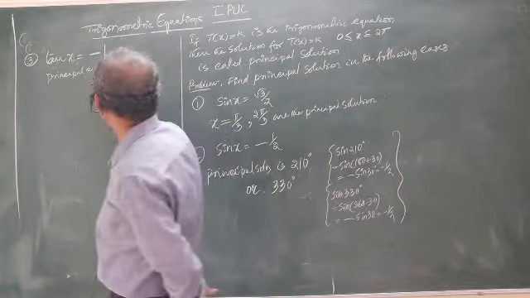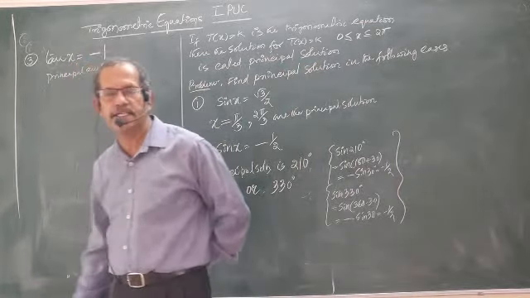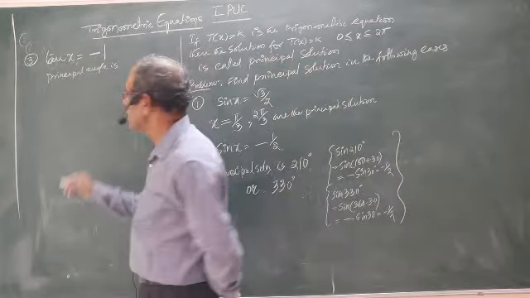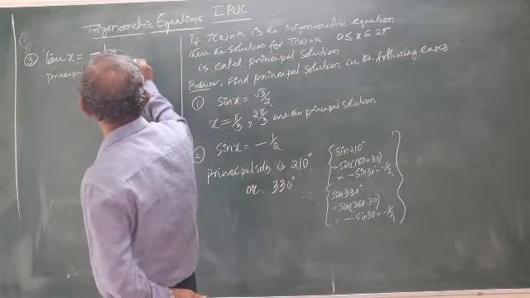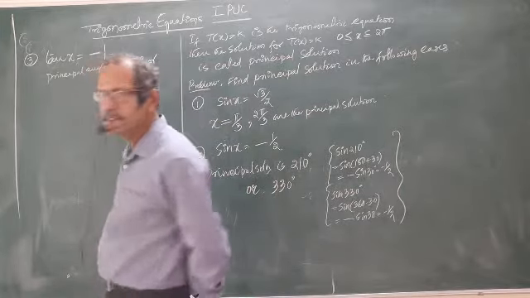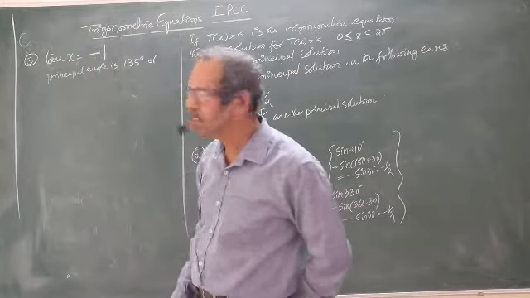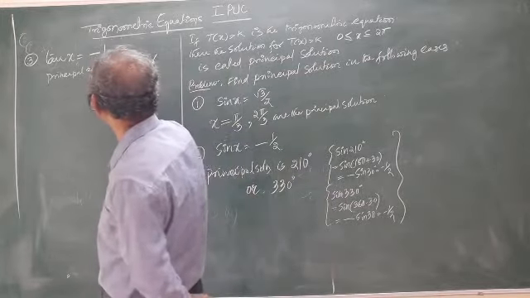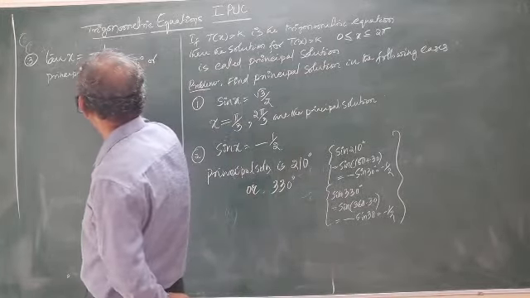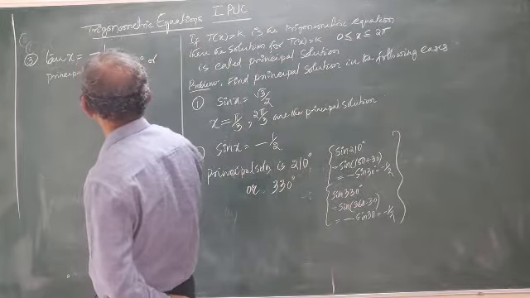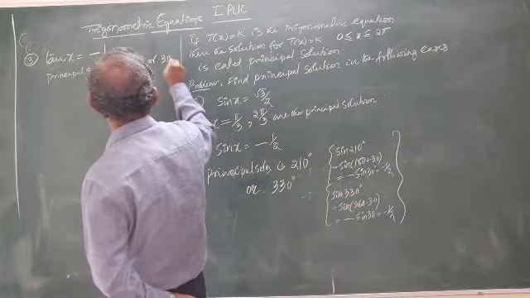Here, principal angle, tan is negative in the second quadrant: 135 degree. Or another one, principal angle, tan negative in the fourth quadrant: 315 degree.